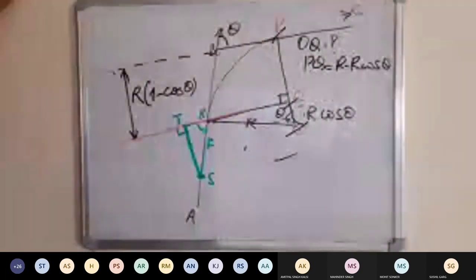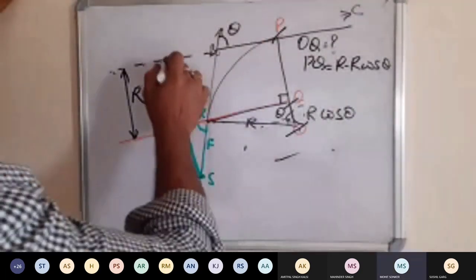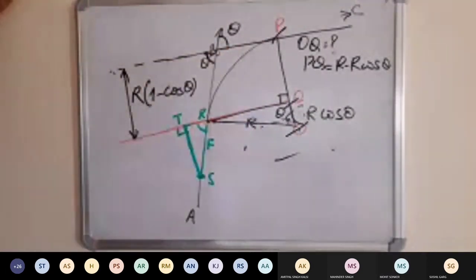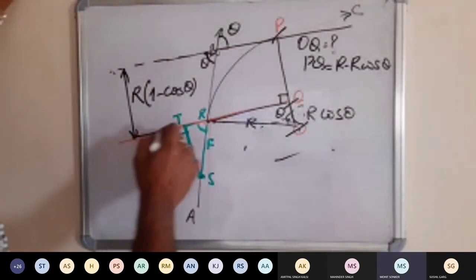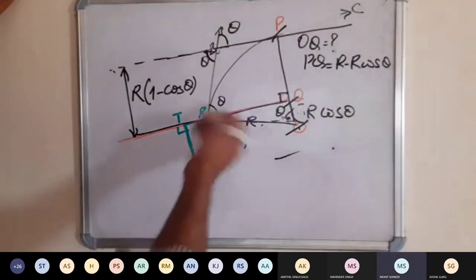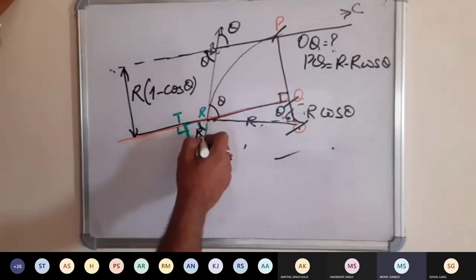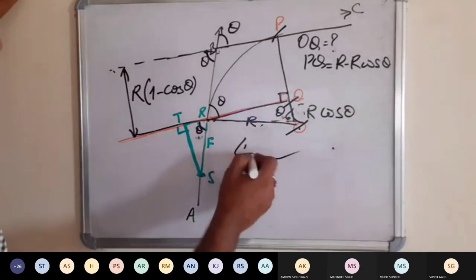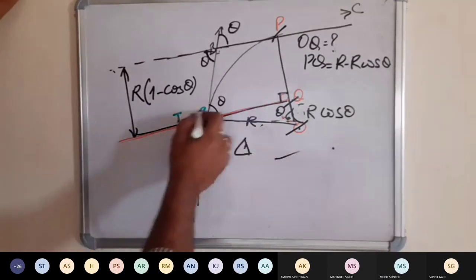This is theta. The same line is cutting here, so this is also theta. This is the parallel line, so this is also theta. And then R is also theta.